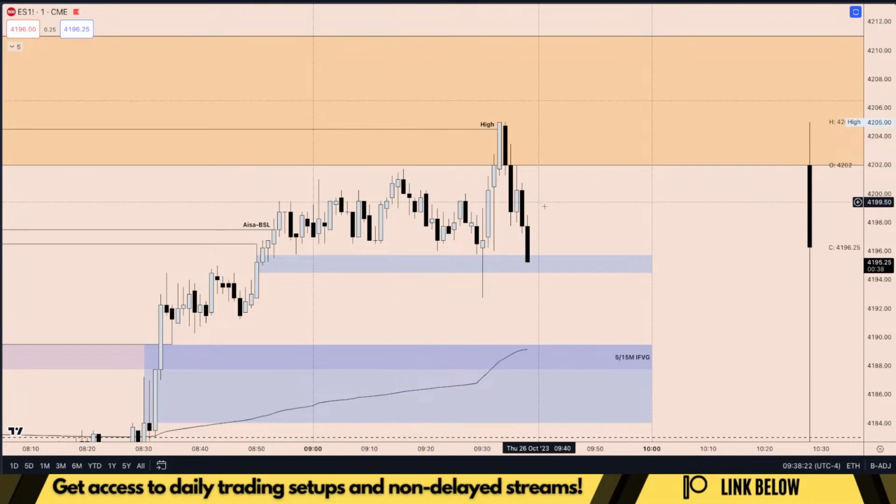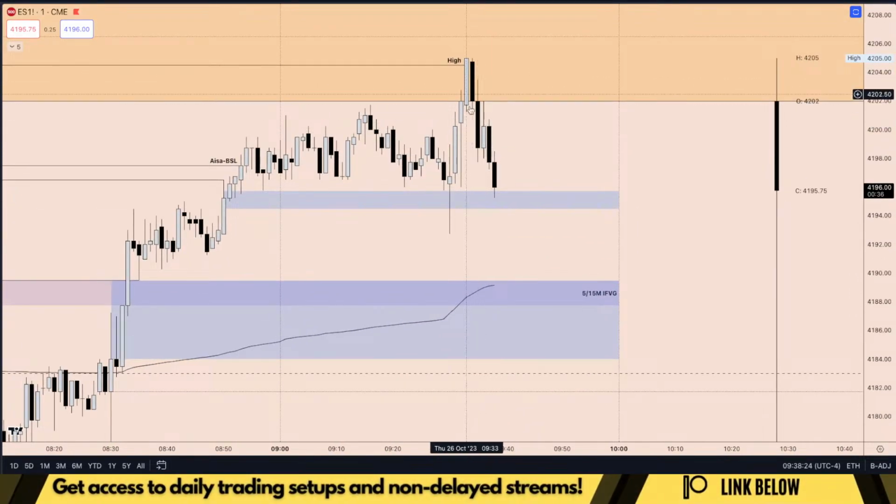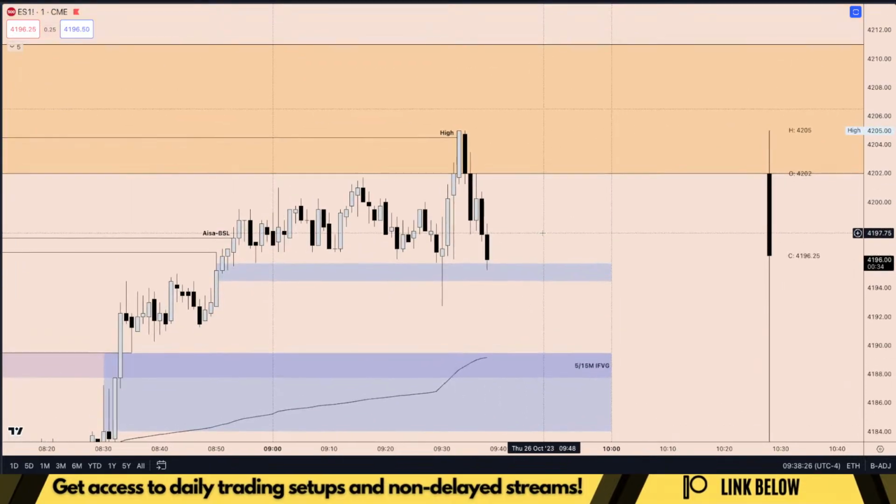Right, let's keep an eye on that little sell-off here, after we touched a high from the new day opening gap. Structure-wise, it sucks because of that 9:30 opening wick right here, but it could be a potential short.